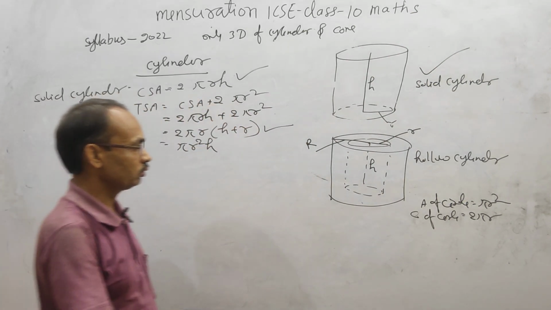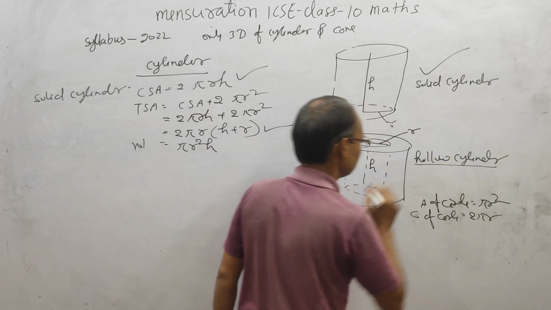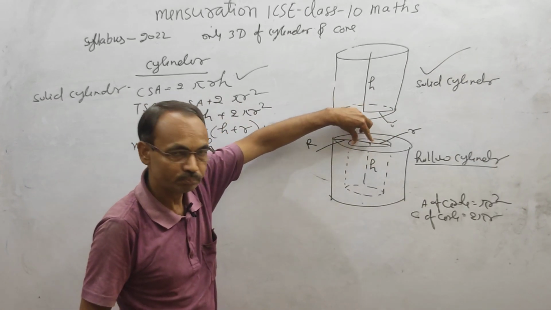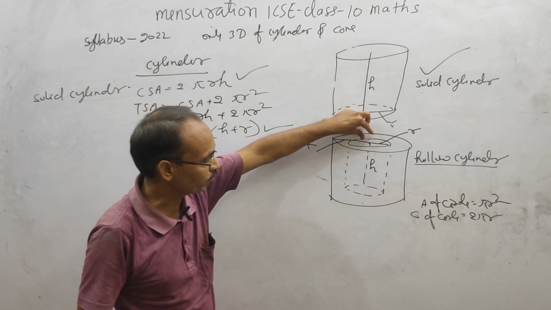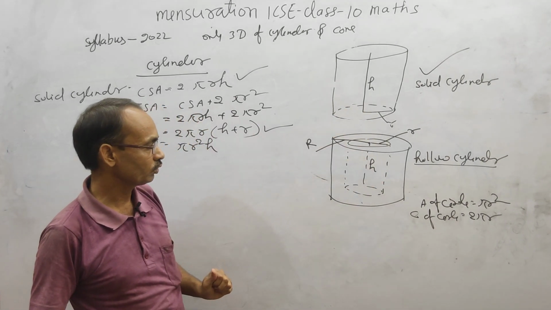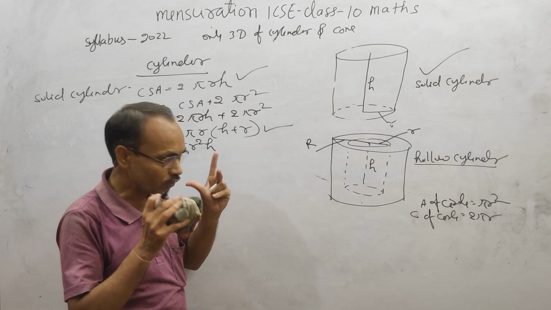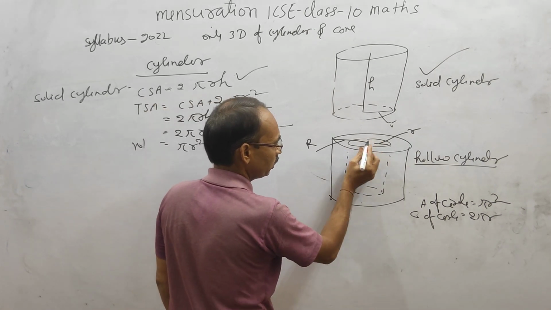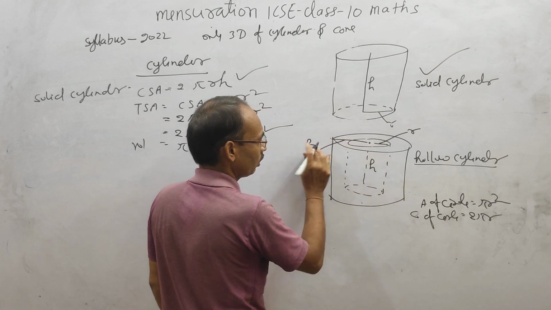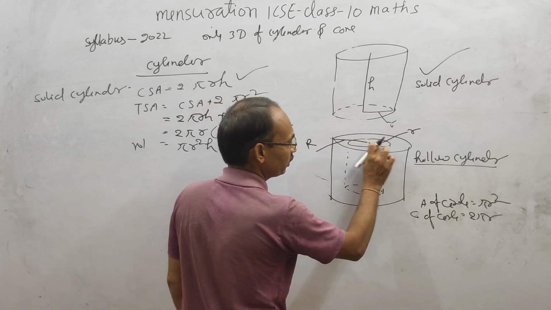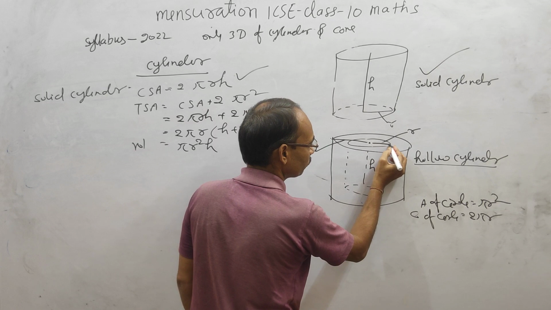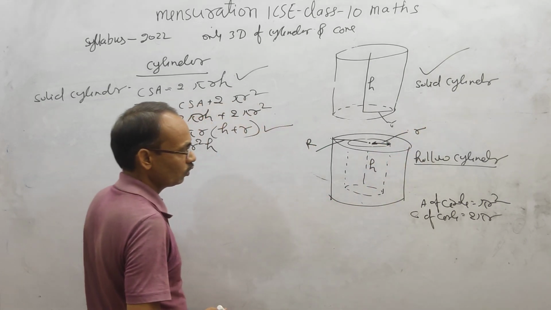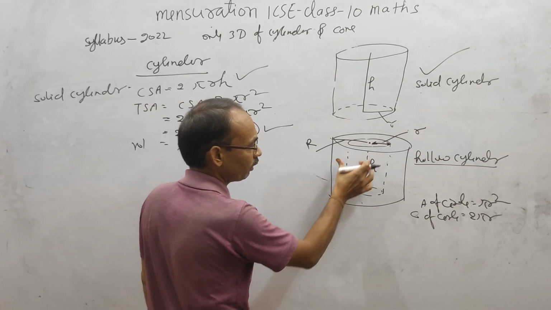Now the topic is the hollow cylinder. In a hollow cylinder there is a hole through the cylinder from top to bottom. So there will be two radii. The first radius from the center to here is capital R, and the second radius from the center to here is small r. And what is the thickness of this hollow cylinder?